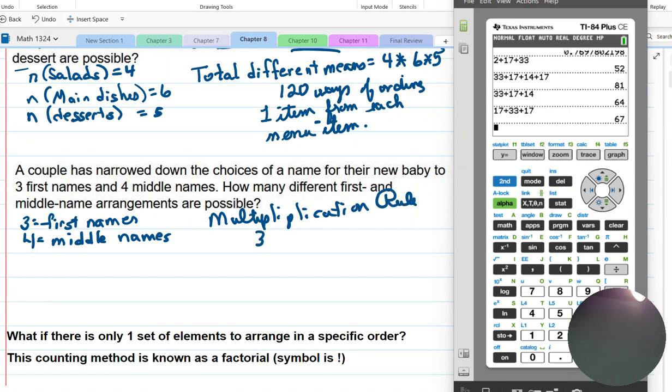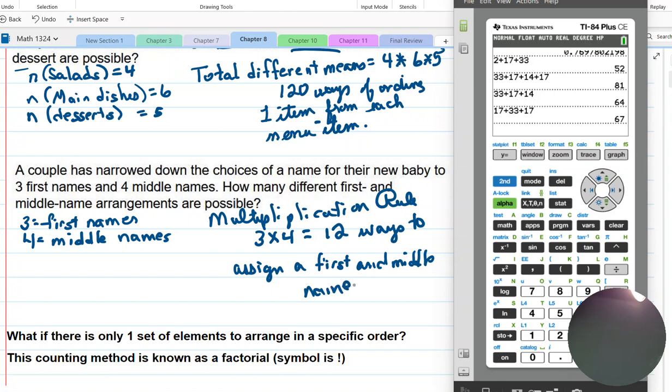And we're going to take the 3 times the 4 and get 12.